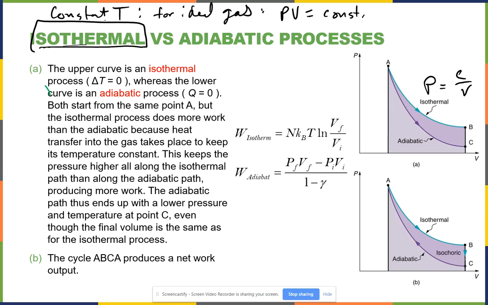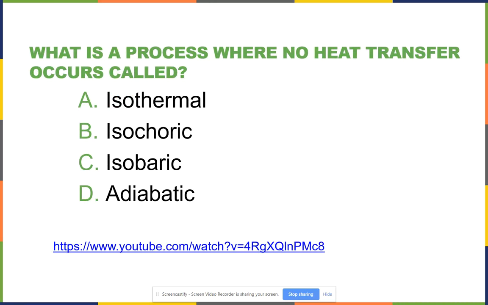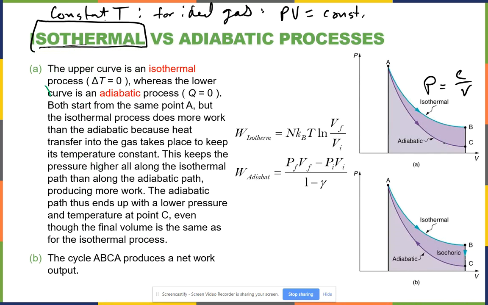Now adiabatic, instead of constant temperature, it means no heat. So for the adiabatic line, you have no heat transfer, and it always is a lower work. Adiabatic is always lower work. I should put work adiabatic is lower.